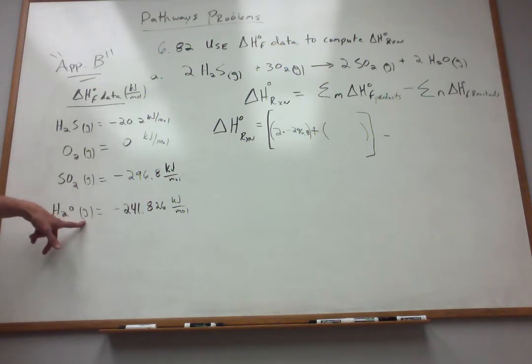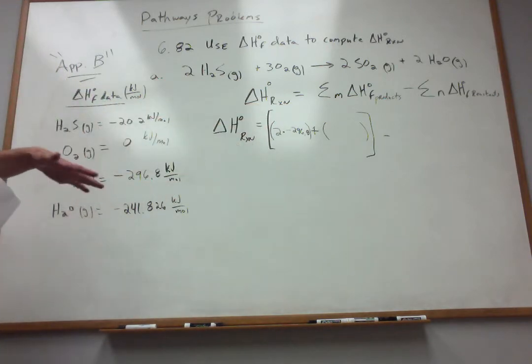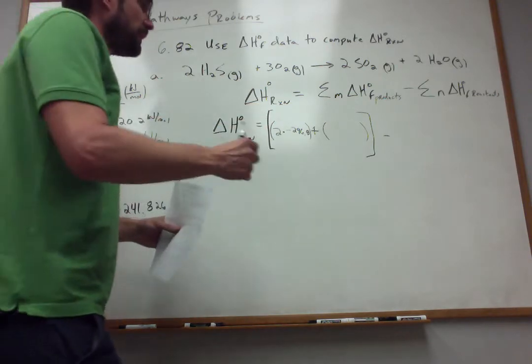If I look at Appendix B, I'm going to find a number for gas phase water. I'll also find a number for liquid phase water, okay? I need to use the right phase because the numbers are different. They're not the same. And if you use the wrong number for the incorrect phase, you'll get the wrong answer. So you've got to pay attention if it's a gas, liquid, solid, and so on. For SO2, I use the right value for the gas phase. We're good to go. Okay, moving on.